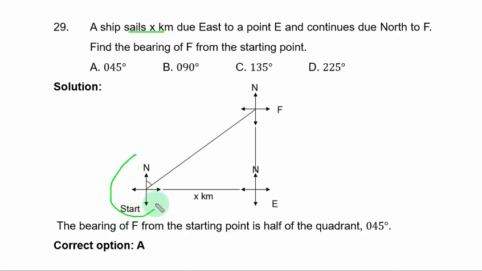The ship moves due east of the starting point and it gets to point E. From point E, it moves northwards to point F. So the bearing of F from starting point is this angle. We can say by the given option that it is half of the quadrant. That is 45 degrees. 045 degrees in 3 digits.